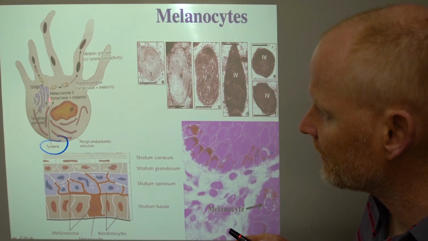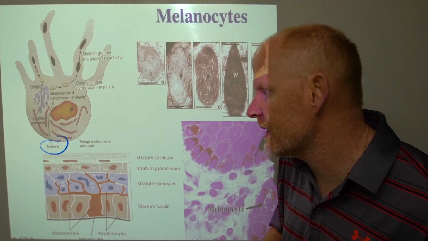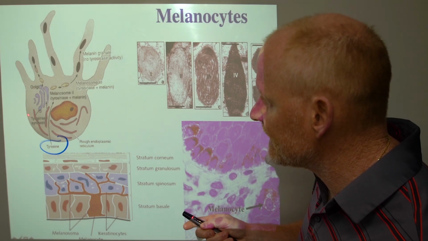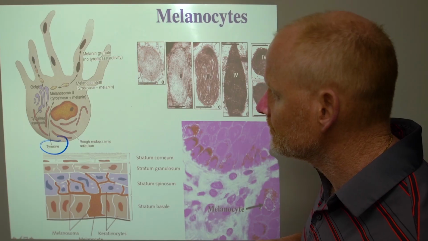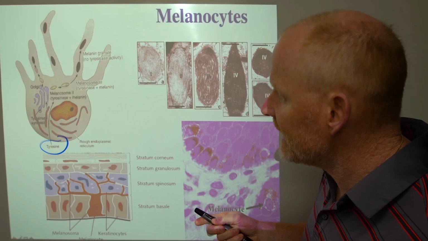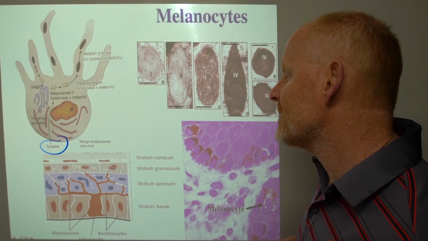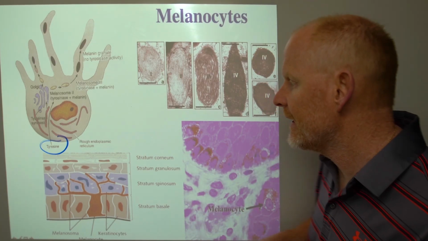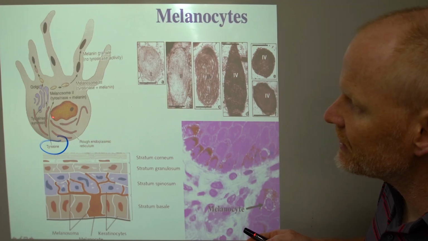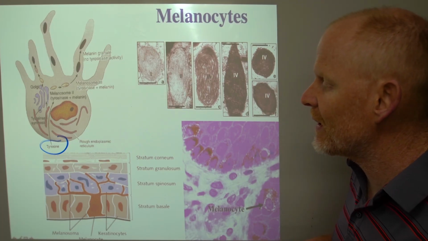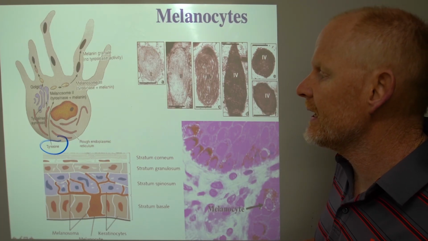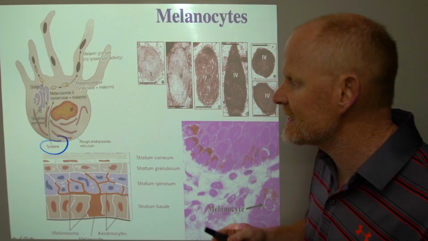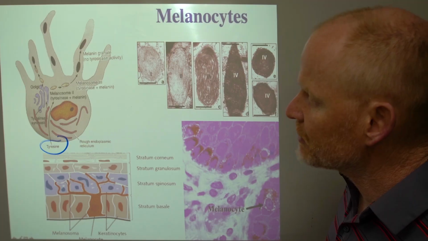The genes responsible for melanin production, the main one being tyrosinase, the enzyme that does this, are going to be copied through transcription in the nucleus as messenger RNA. The messenger RNA leaves the nucleus of the melanocyte, goes out to the rough endoplasmic reticulum, where it is translated into a protein that is transported to the Golgi apparatus via a transport vesicle.